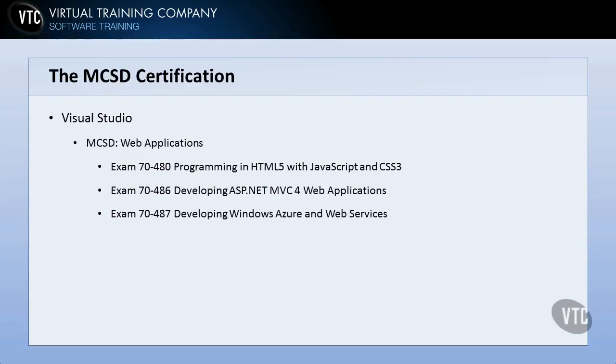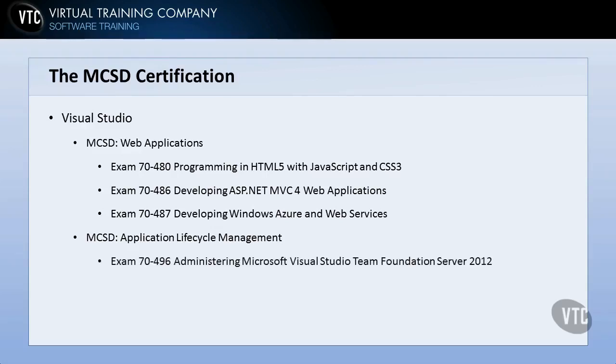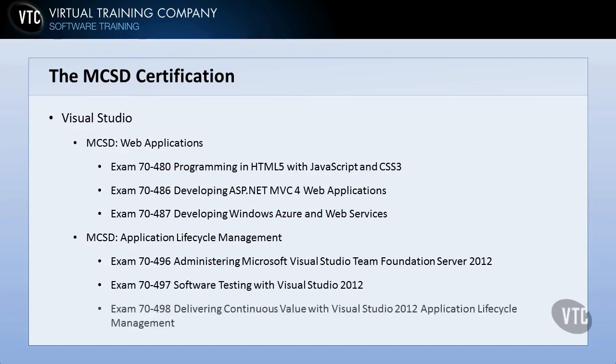Then the final one, the MCSD Application Lifecycle Management Certification, involves Exam 70-496, Administering Visual Studio Team Foundation Server 2012, 70-497, Software Testing with Visual Studio 2012, and 70-498, Delivering Continuous Value with Visual Studio 2012 Application Lifecycle Management.